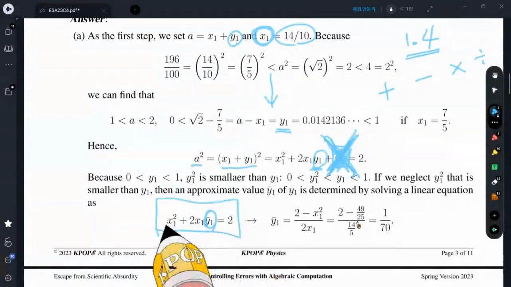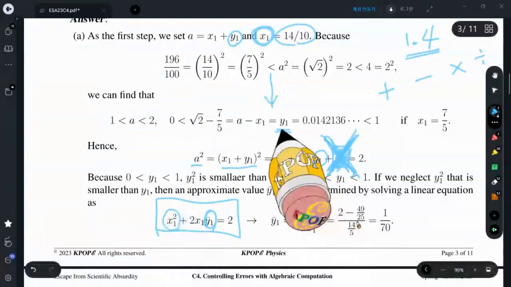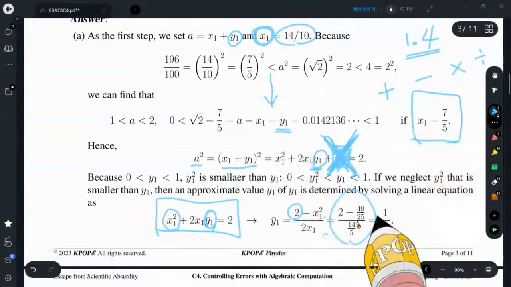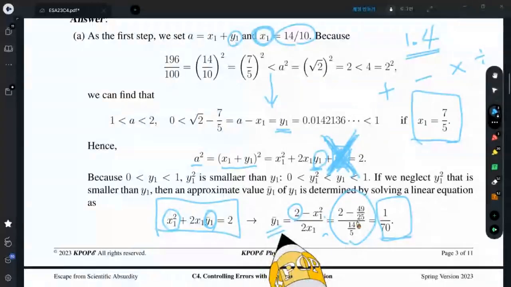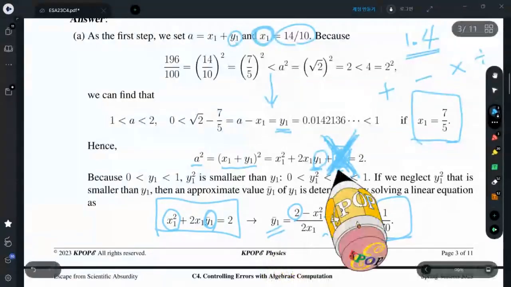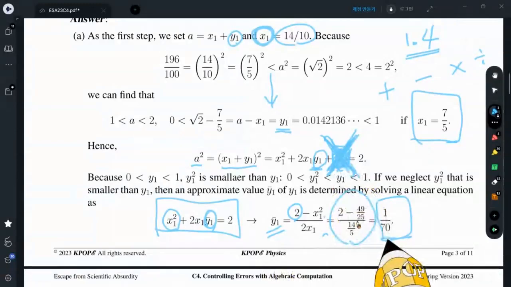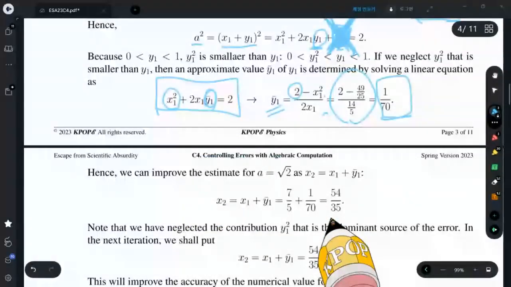Just 2 minus x1 squared. What is x1? It is already known. Just substitute, and we find the error term. This error term is not an exact one because I have neglected this one. By the way, that error keeps decreasing. That's the fact. Let's see what happens in the next step.